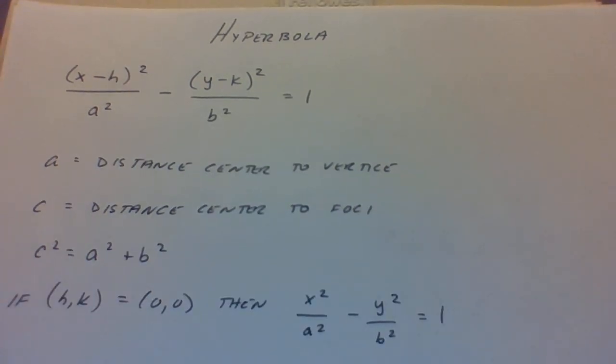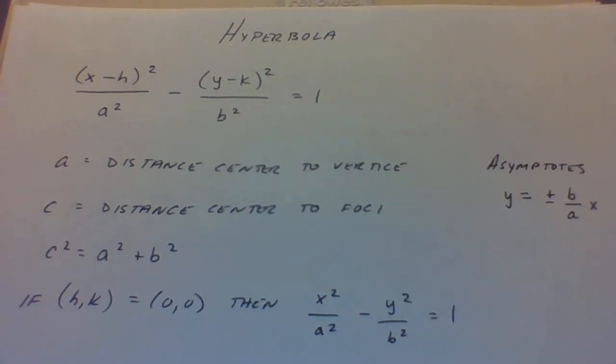If our center is at the point (0, 0), then our equation simplifies to x squared over a squared minus y squared over b squared equals 1. We're also going to be graphing some asymptotes, and our general equation there is y equals plus or minus b over a times x.